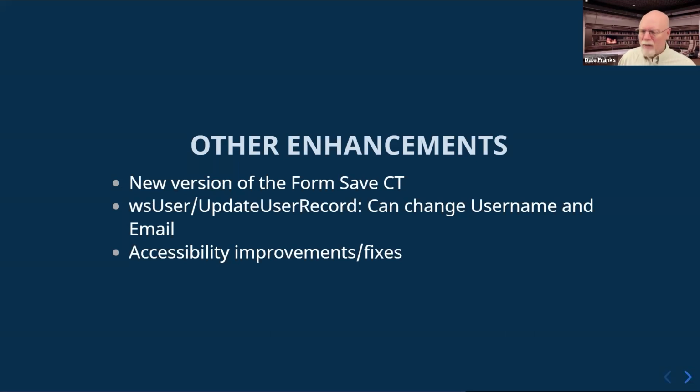So we're working with some of our university customers to go through the forms and to find little accessibility improvements or fixes. For example, we just found one yesterday where if you have a user picker and you change the type of the user picker to drop down, then for some reason the label control doesn't get connected to the user picker if the user picker is configured as a drop-down rather than the default type ahead.